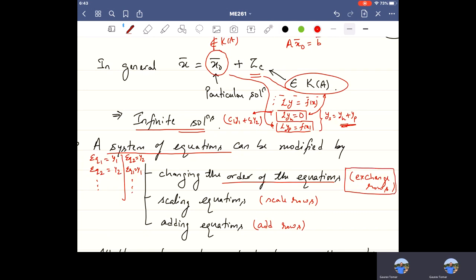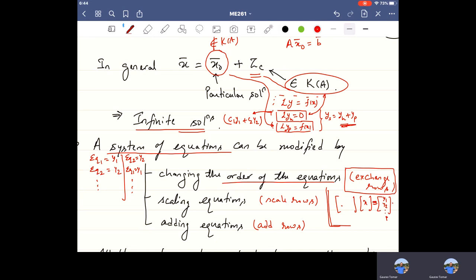So if you change the rows of the matrix A, you'll have to change the row of the y vector also correspondingly. Okay, so if you make these changes in A and y vector, your system of equations will remain unchanged, right?